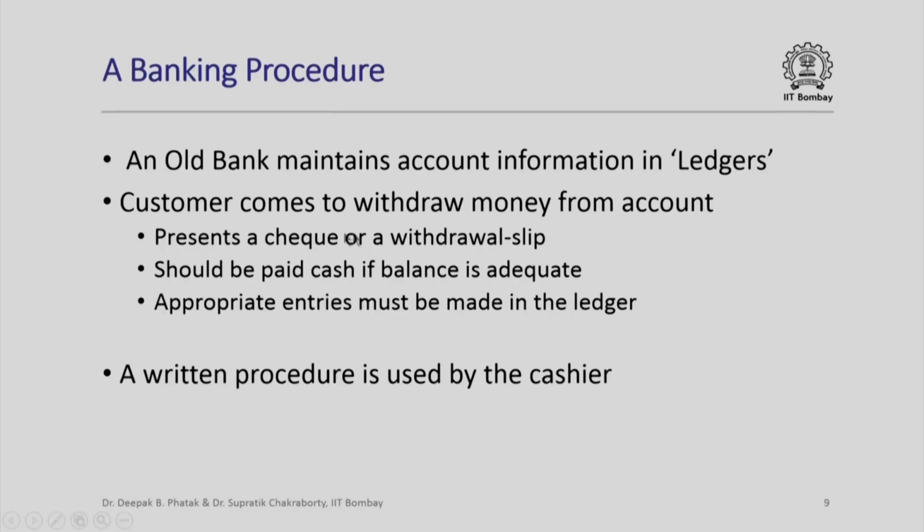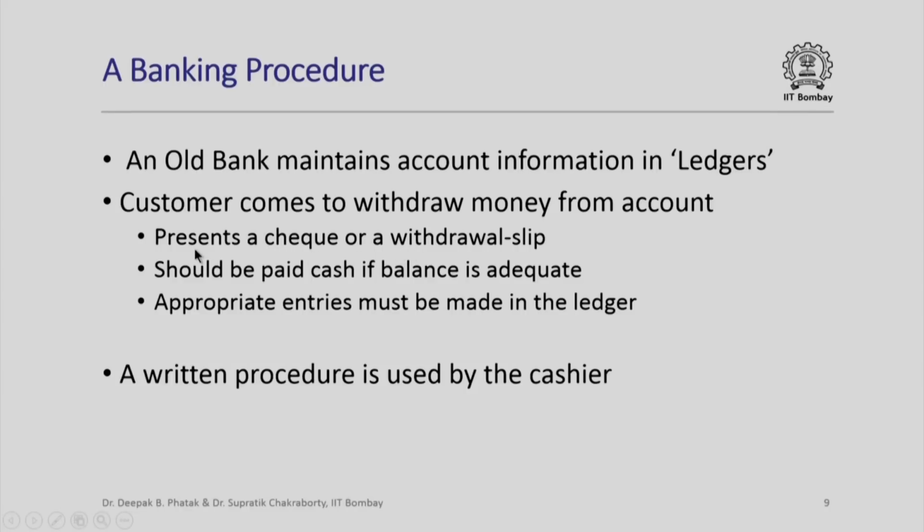Suppose a customer comes to withdraw some money from the account. The customer will present a check or a withdrawal slip. In banking parlance, it is called an instrument. So, any piece of paper or any message which contains information about a financial transaction is called an instrument.